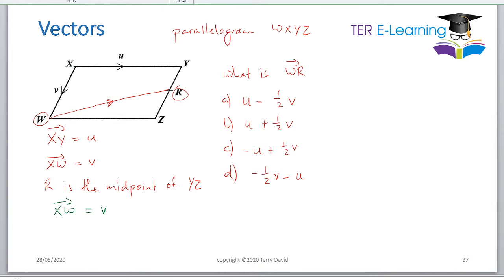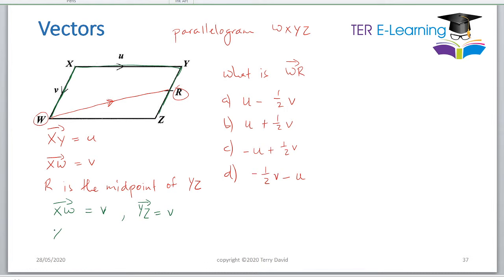Now, because it's a parallelogram, this side here, XW, has to be parallel to YZ, right? So if I know XW is V, I know that YZ is equal to V as well. I know that because it's a parallelogram, right? Also, they give us the vector XY.